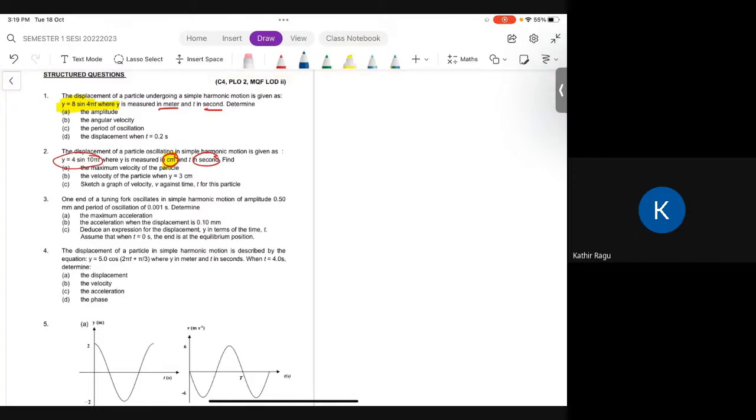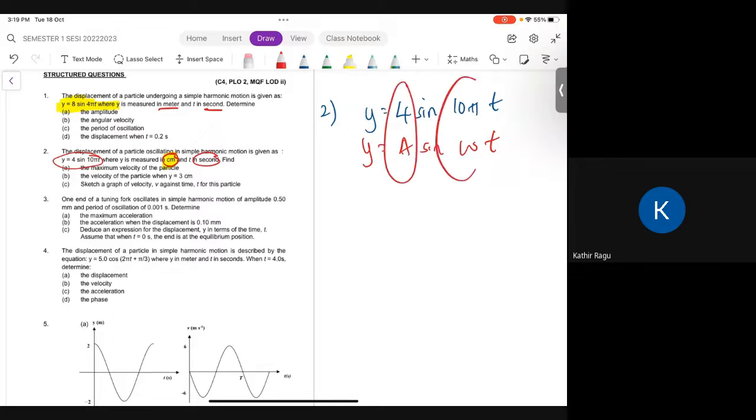Okay, so kita tulis formula dia y equals to 4 sin 10 pi t. So bawah tu you letak general equation. Okay. So yang ini adalah 4, yang ini adalah omega 10 pi.